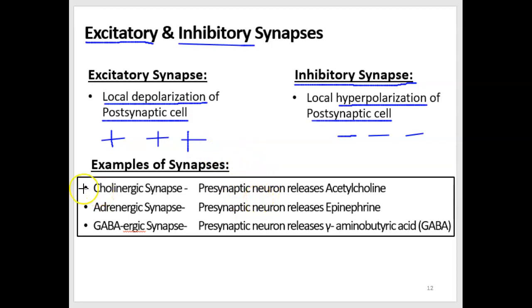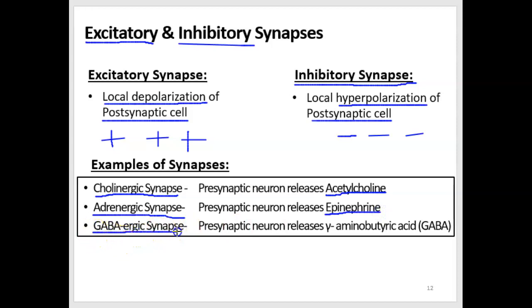Okay, so here's some examples of synapses. Named synapses. Cholinergic synapse is a synapse in which the presynaptic neuron releases the neurotransmitter acetylcholine. An adrenergic synapse is an example of when the presynaptic neuron releases adrenaline, also called epinephrine.